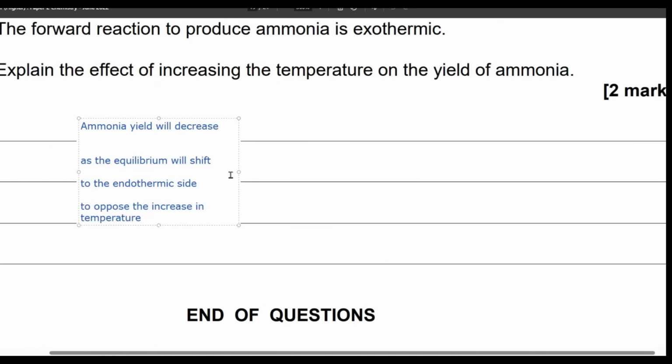I think you could probably just say it will shift to the left, rather than the endothermic side, or you could say backwards. There's lots of ways to refer to that direction. So it's going to shift towards the reactants to oppose the change. So you'll get less ammonia. And there you go. That's the end of the question.